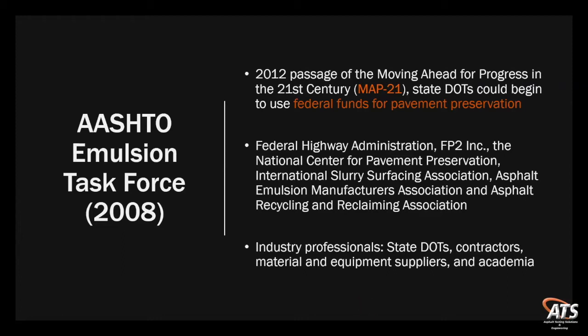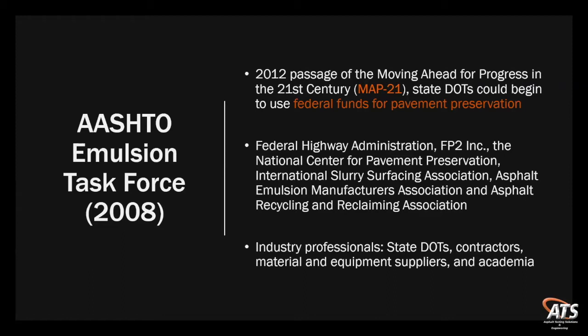The task force itself comprised several different entities between the Federal Highway Administration and several national groups, like the International Slurry and Surfacing Association.